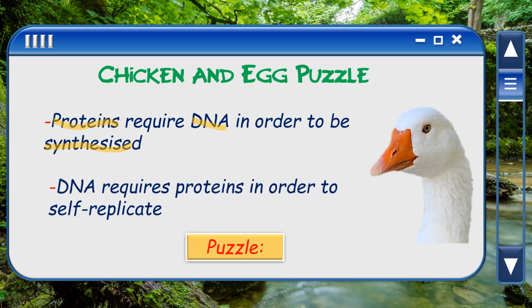But again, DNA requires the proteins for self-replication. If the DNA is to copy itself to form other cells, it requires protein. But the proteins, for them to be synthesized, need DNA. So which one came first? That is the puzzle.